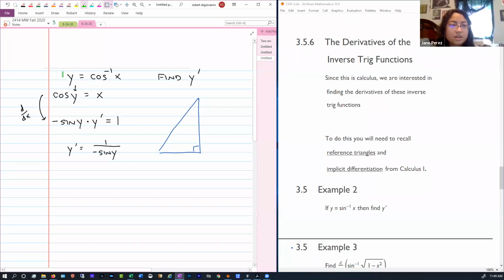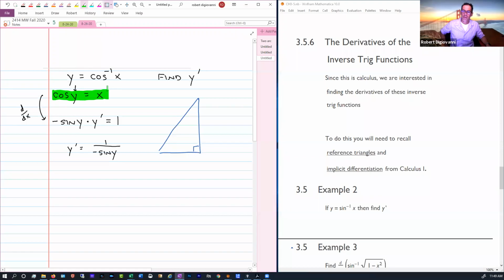It was cos y equals x, right? Yep, that one right there gives us a good relationship. So I'm going to go to my triangle and put the y here because y is the angle. Cosine is which side over which side? Adjacent over hypotenuse, right? Mm-hmm. So you're off the hook, Jane, by the way.